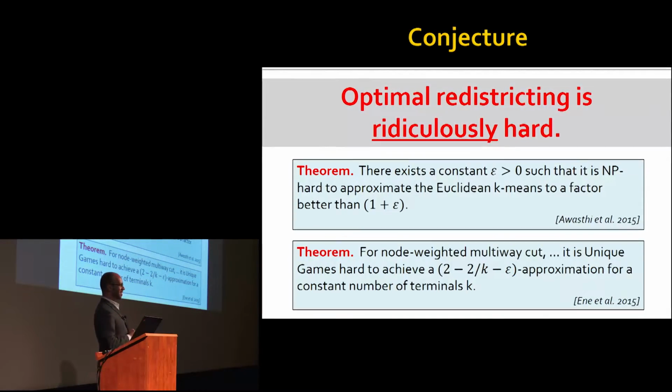Now, in fact, my conjecture is that it's not just that optimal redistricting is hard, but that it's ridiculously hard. In particular, one thing you might say is, okay, well, maybe it's not possible to get the best possible plan, but as a rule of thumb, I can do pretty well. And unfortunately, the computational literature actually says that that's not necessarily the case either. I wish I had a little bit more time before this conference to come up with a theorem of my own, but instead I'm going to quote theorems from adjacent problems to the redistricting one.